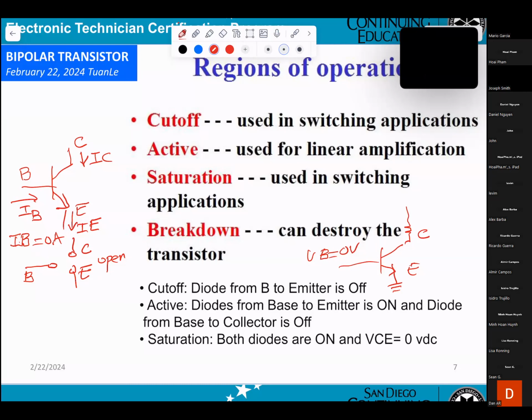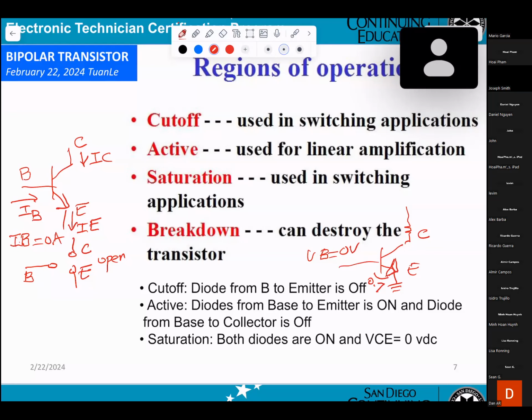It's based on the cutoff. The diode from B to E is off. You understand me? The voltage here is 0.7 volts. If it is higher than 0.7, the diode here will be on.